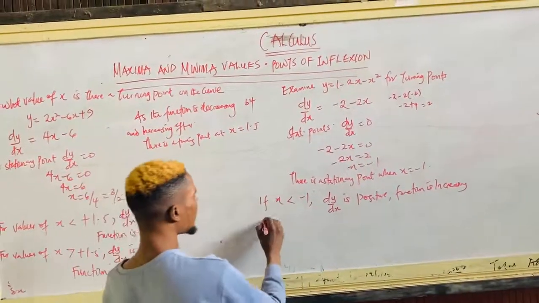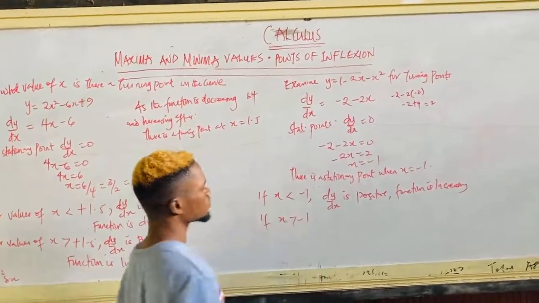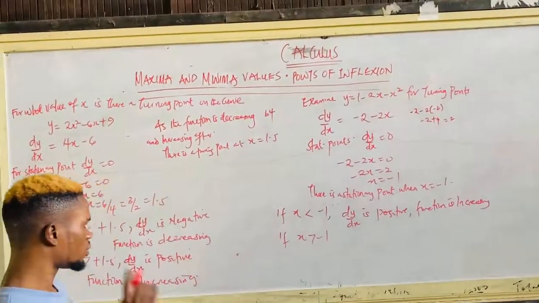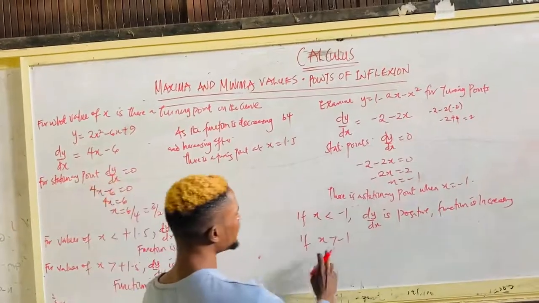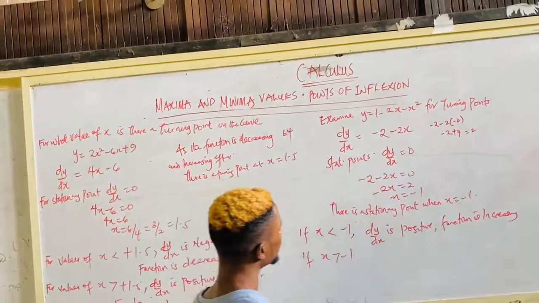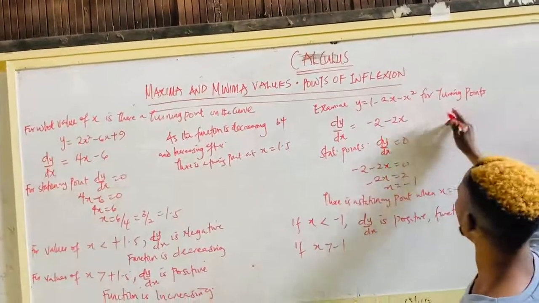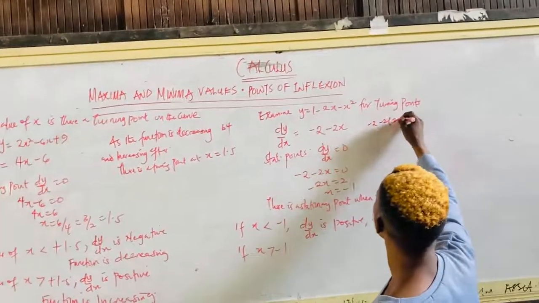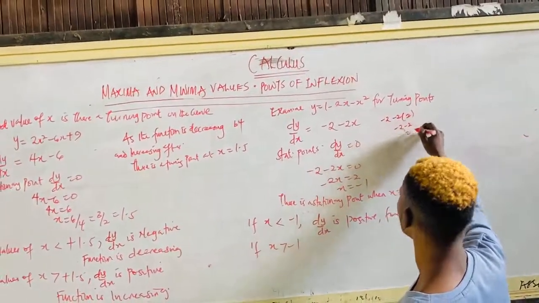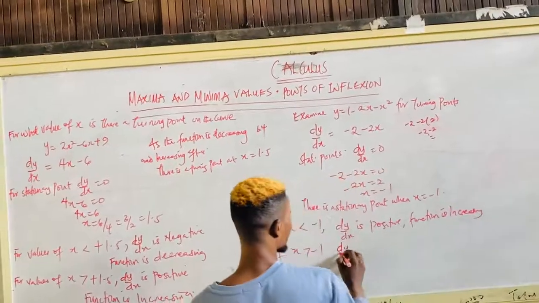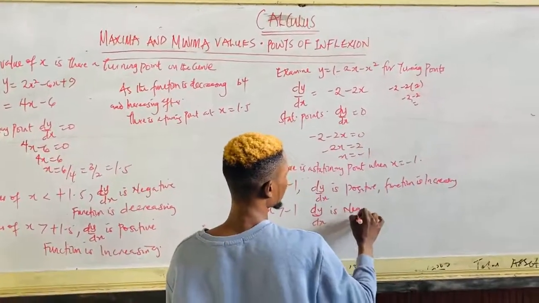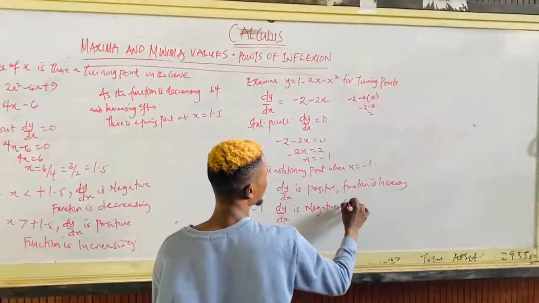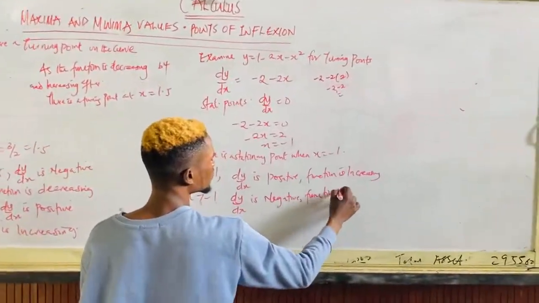Now for values of x, note, always use less than first, then after, greater. If x is greater than minus 1, let's say 2, that's minus 2 minus 2 times 2, that's minus 2 minus 4, that's minus 6. So dy/dx is negative. The function is decreasing.